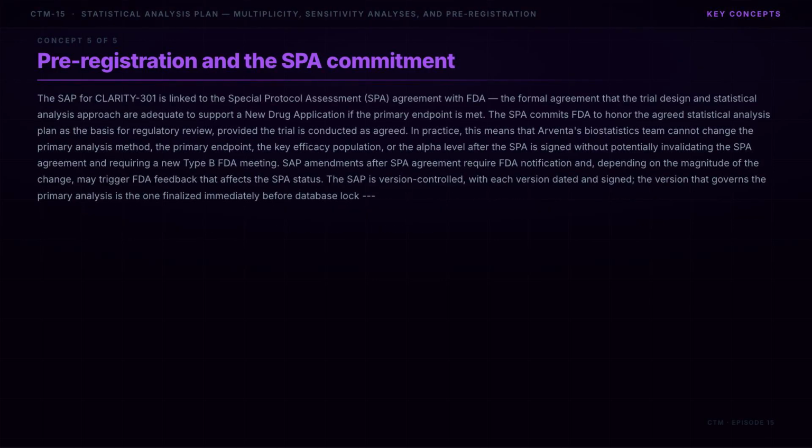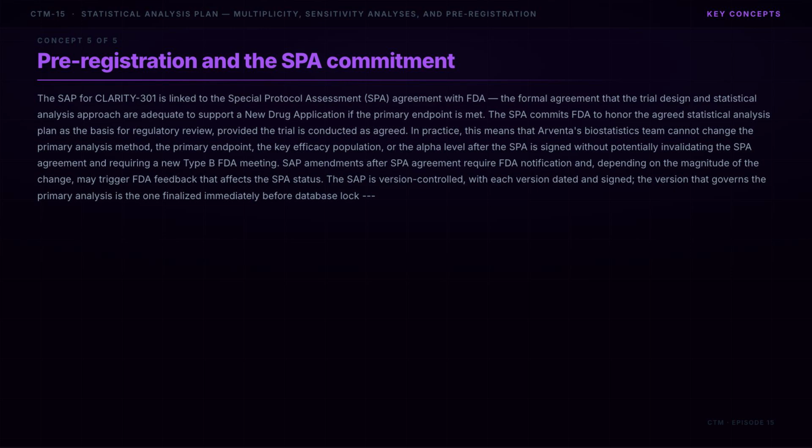Pre-registration and the SPA commitment. The SAP for Clarity 301 is linked to the Special Protocol Assessment (SPA) agreement with FDA. The formal agreement that the trial design and statistical analysis approach are adequate to support a new drug application if the primary endpoint is met. The SPA commits FDA to honor the agreed statistical analysis plan as the basis for regulatory review, provided the trial is conducted as agreed.